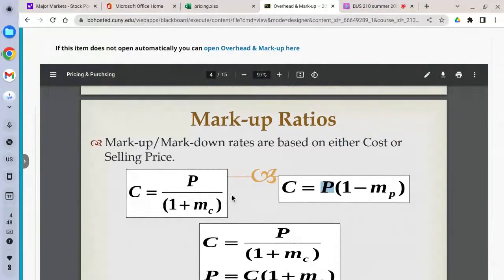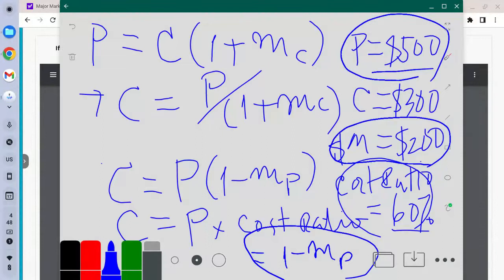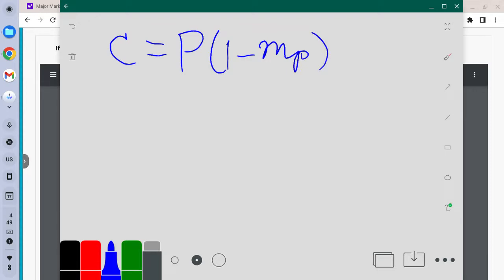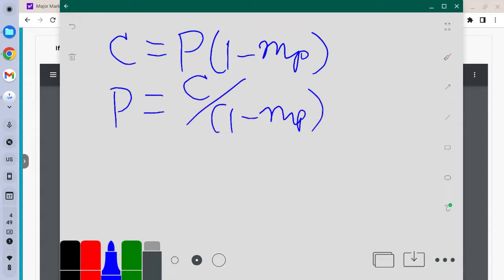So this is how you find cost when the markup rate is based on price, selling price. Then to solve for P, it's C over 1 minus MP, right?